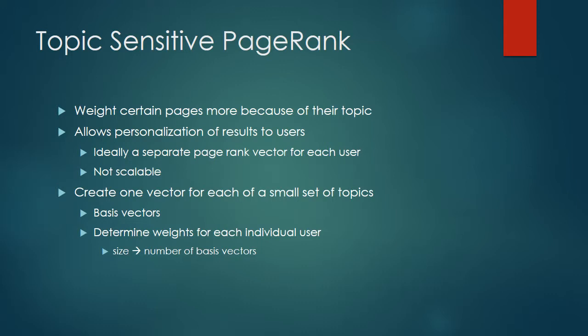Whereas this is going to be different for any of you. So the general idea is to weight certain pages more because of their topic. And these topics should reflect either my own personalization, so that it is personalization of the results to a specific user, or to a specific query.